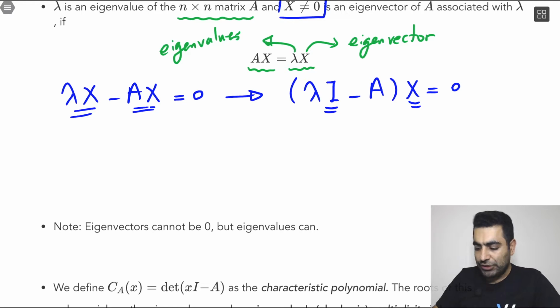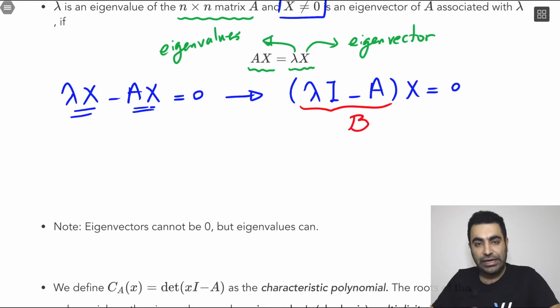But if you look at this new form of the equation, (lambda I minus A) times x equal to 0, you might recognize that if I consider whatever is sitting in the parentheses to be a new matrix B, now we have B times x equal to 0.